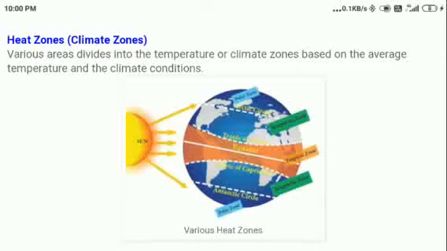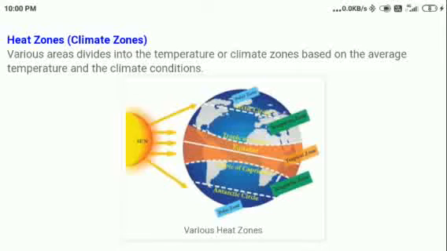The area between the Tropics of Cancer and Capricorn we call the tropical zone. The tropical zone receives the maximum heat throughout the year, and because of that it remains hot and humid throughout the year. When we move in the north direction, we reach the north temperate zone between the Tropic of Cancer and the Arctic Circle.